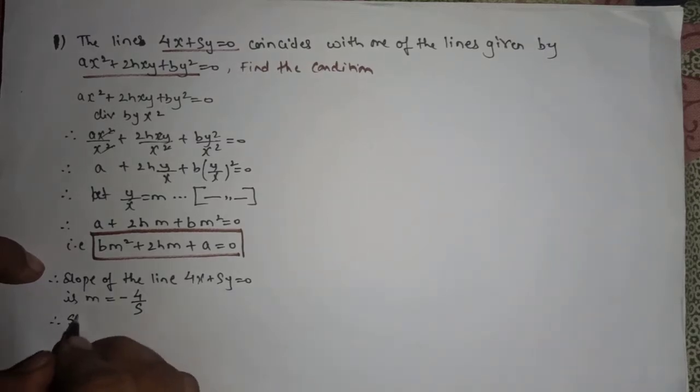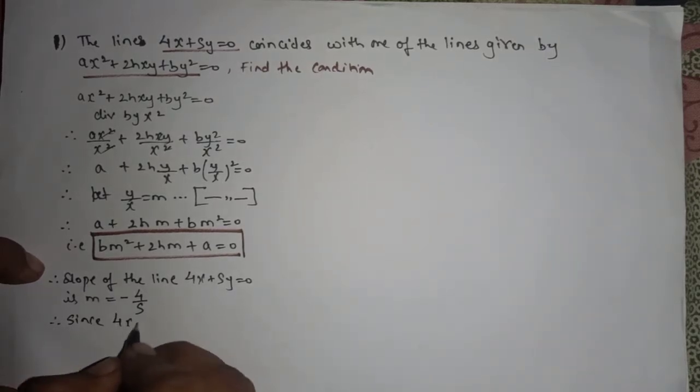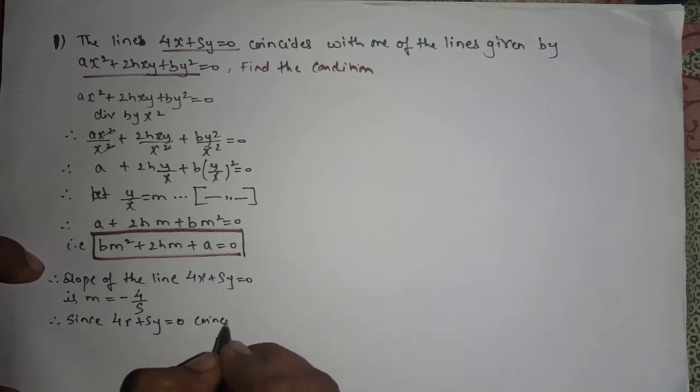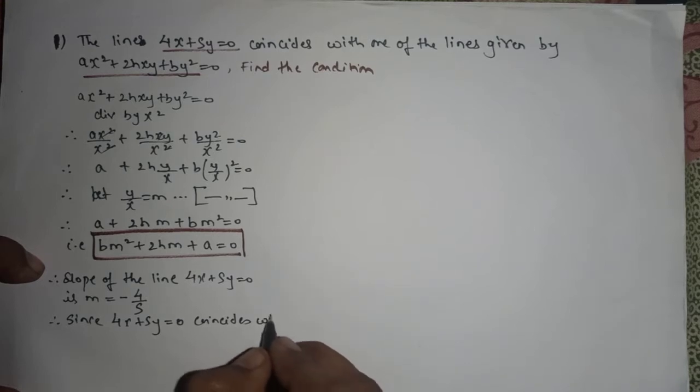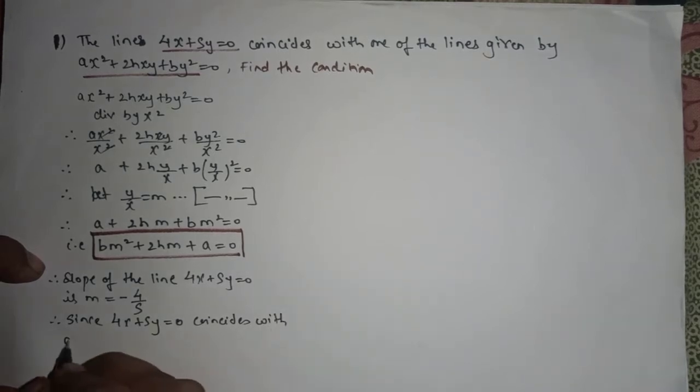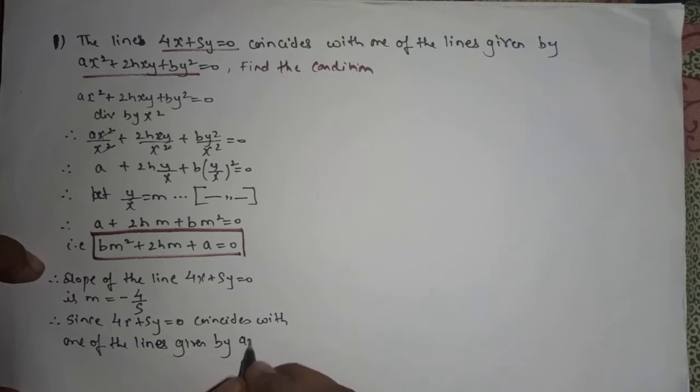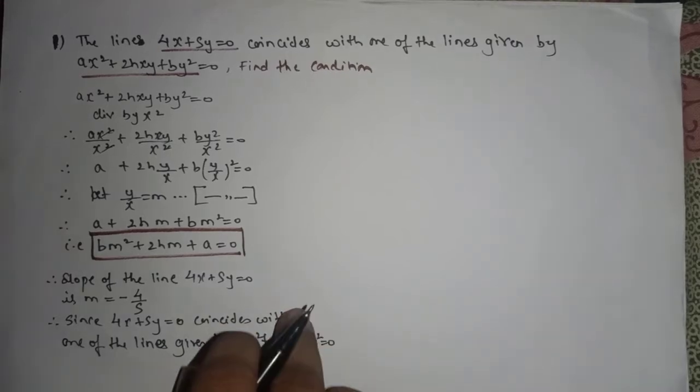And we know that the line 4x plus 5y equals to 0 coincide with one of the lines given by ax square plus 2hxy plus by square equals to 0.